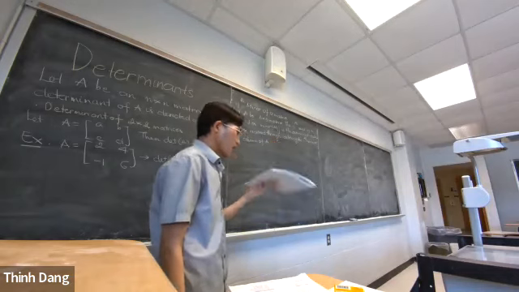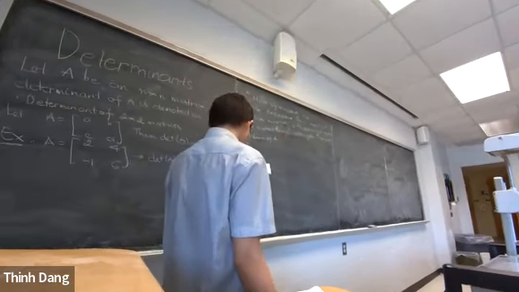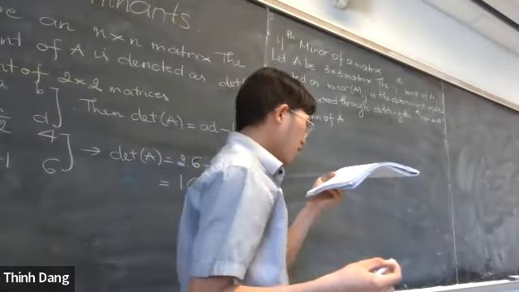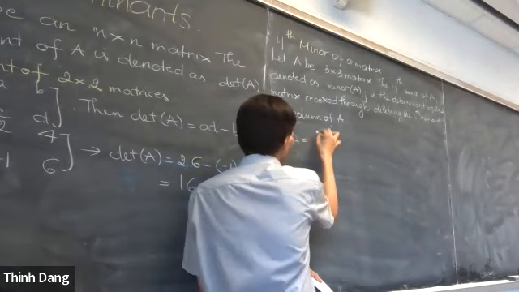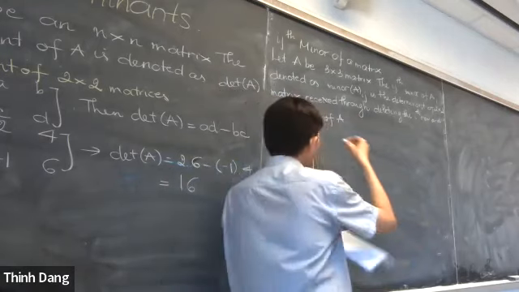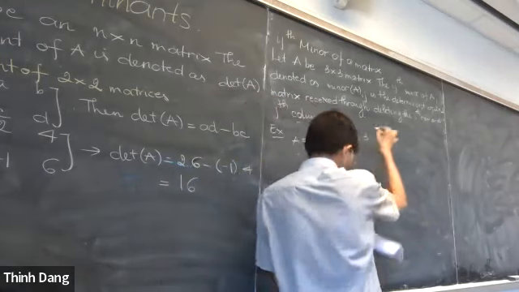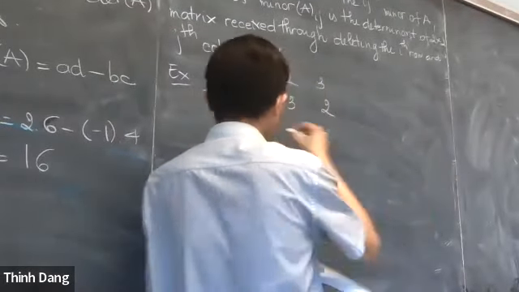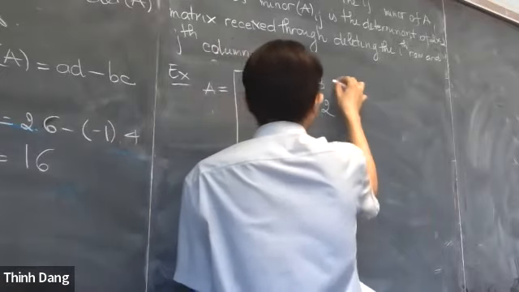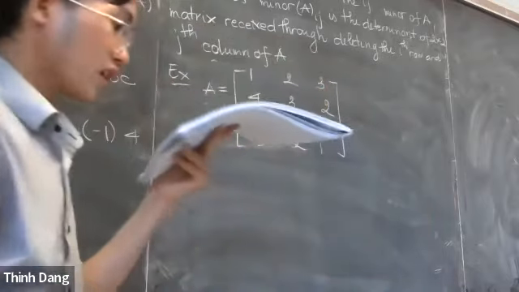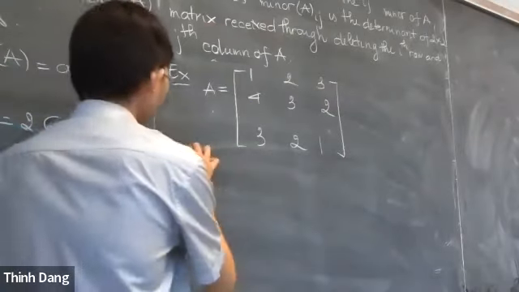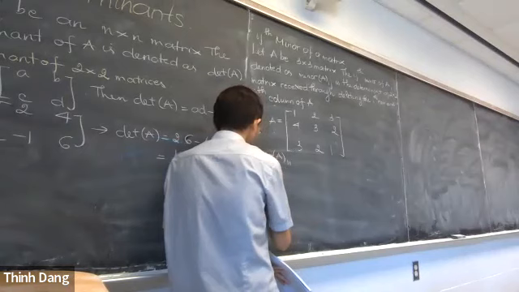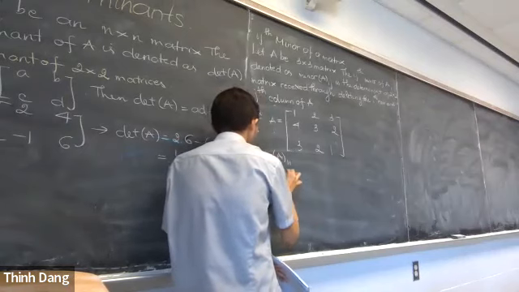Here is an example. A is a 3 by 3 matrix with 1, 2, 3 on the first row, 4, 3, 2 on the second row, and 3, 2, 1 on the last row. Let's calculate the minor of A11 and the minor of A22.